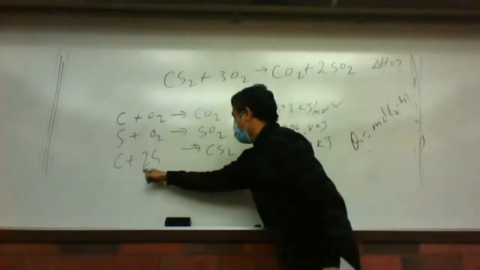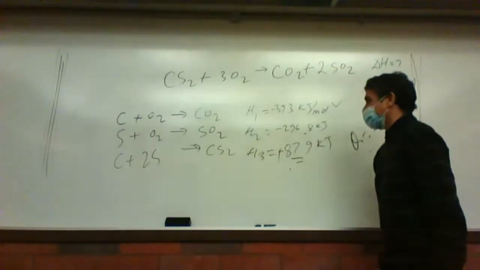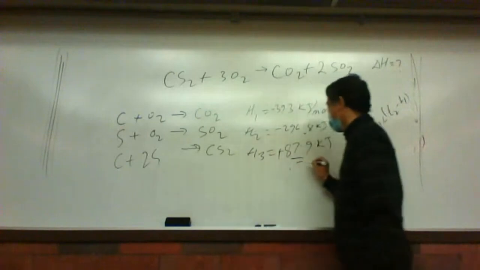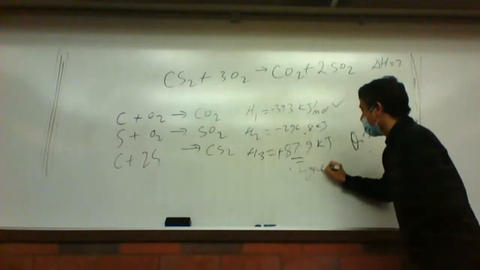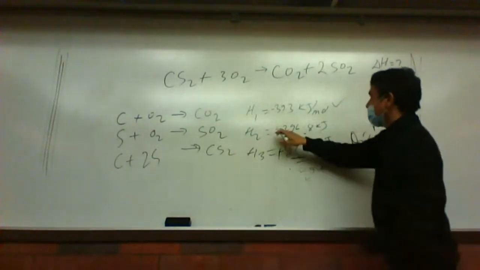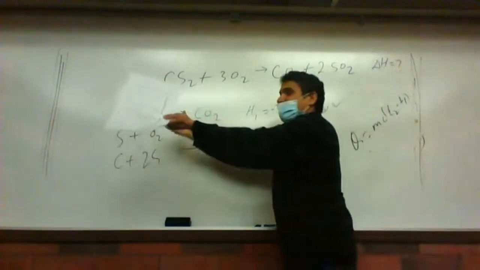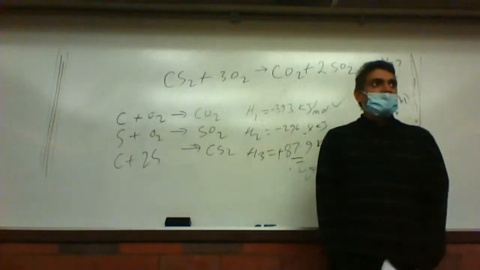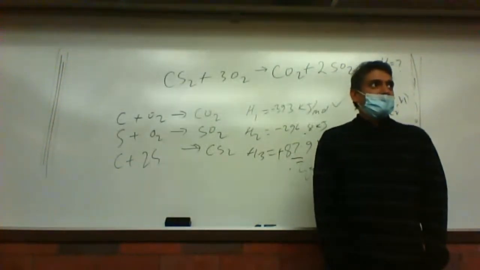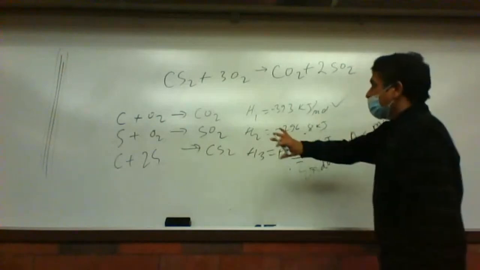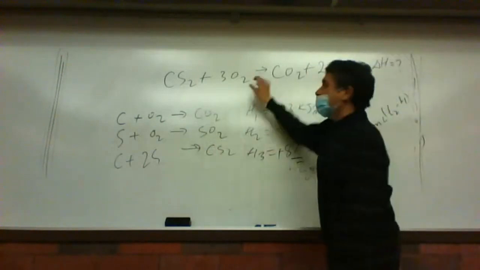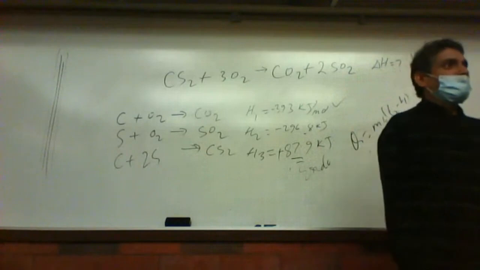So how much heat? 87.9 kilojoule of heat for this reaction to happen. So this is endothermic, and I need to supply heat. These are exothermic, because once I burn them, they give me a lot of heat, right? Make sense? So I need to use these 3 equations to get this equation, and I'm done.